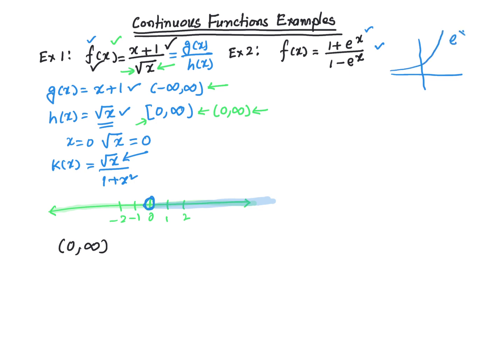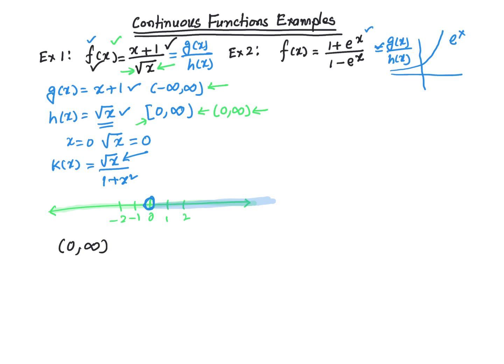E to the power x. Again, it's continuous everywhere on the number line. So the numerator, let's call it g of x, and the denominator h of x. Both of these are continuous functions, which happen to be exponential functions.